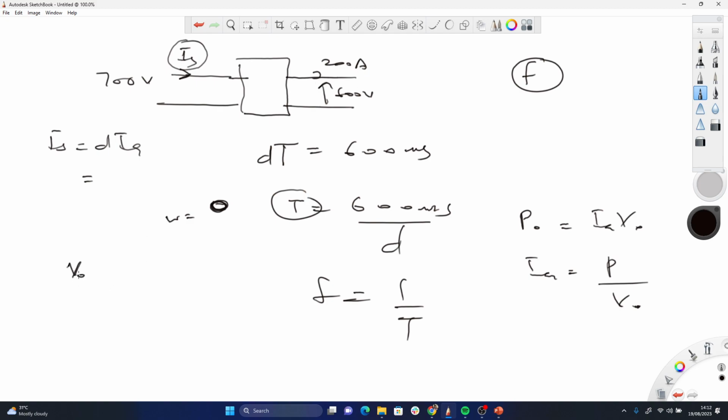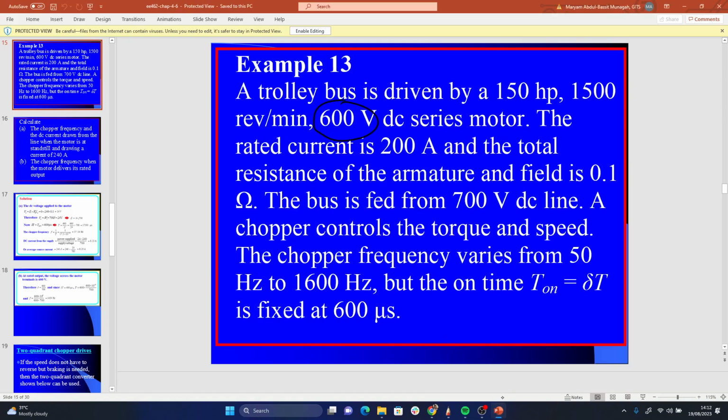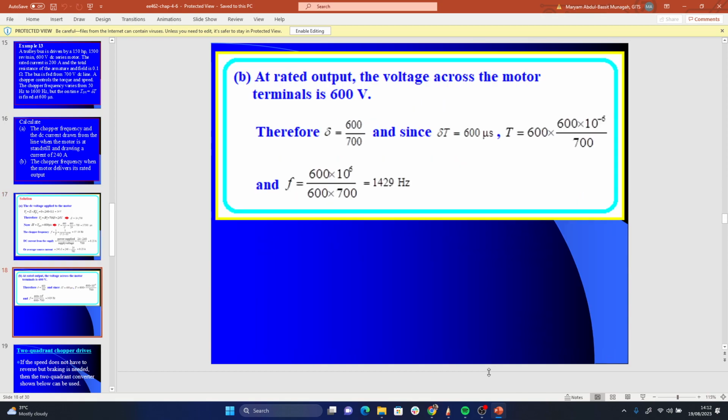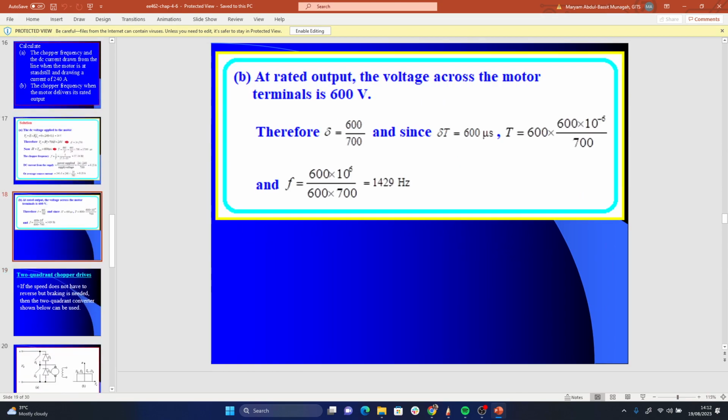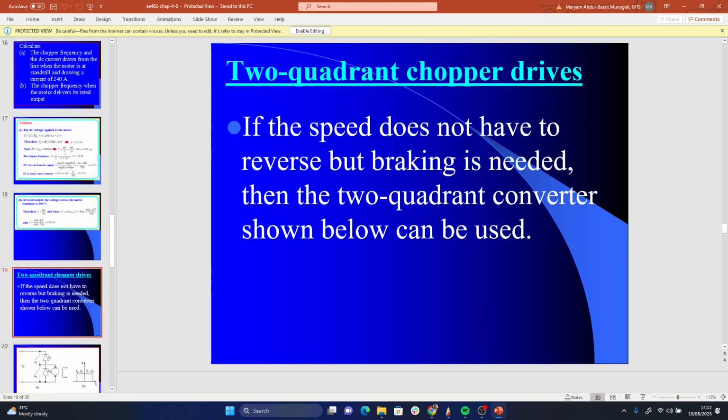V naught is delta Vs. So let's find a new delta. We need a new delta to find a new frequency. So 600 over 700, so delta is 6 over 7. With that delta, find a new time and a new frequency. Then you also find the current the same way. So that's how you go about the question.